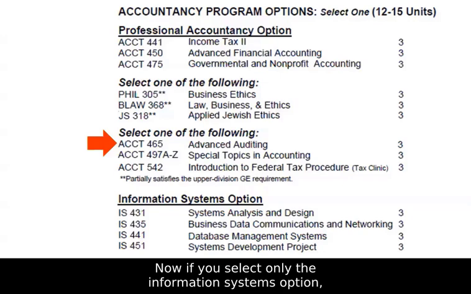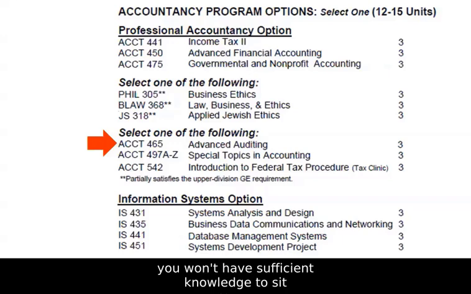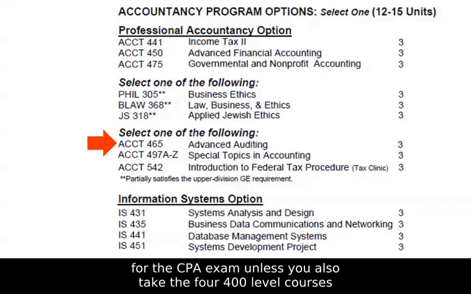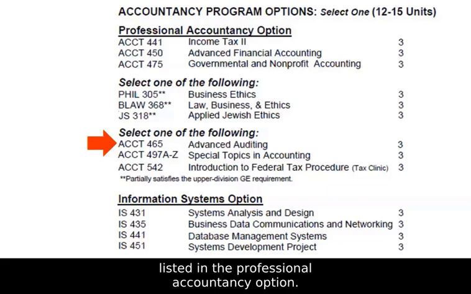Now, if you select only the information systems option, you won't have sufficient knowledge to sit for the CPA exam unless you also take the 400 level courses listed in the professional accountancy option.